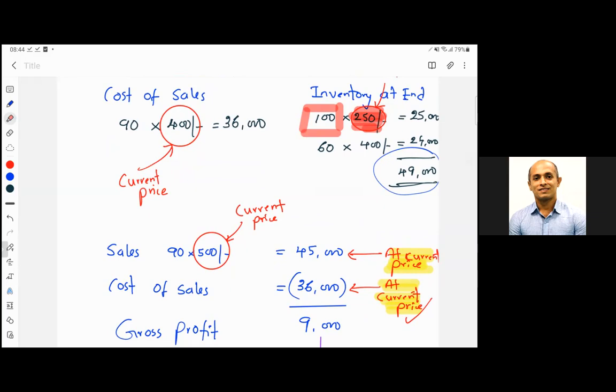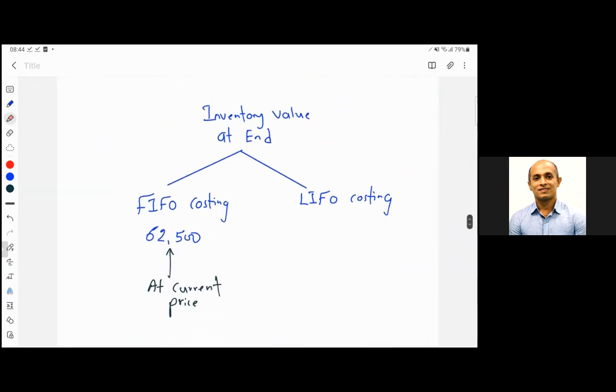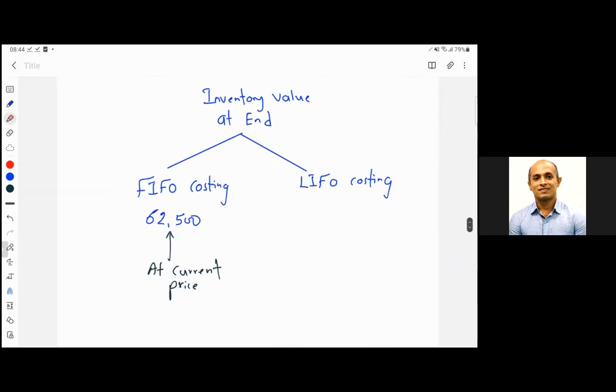Therefore, this 49,000 is at old prices. LIFO inventory of 49,000 is not at current price. So you should take, for your analysis, inventory at current prices. You should take the current cost of inventory.